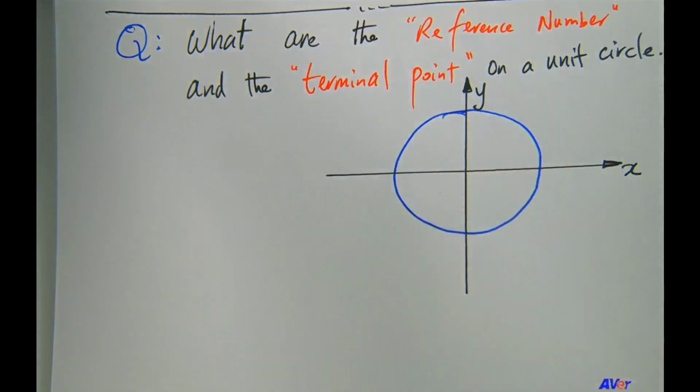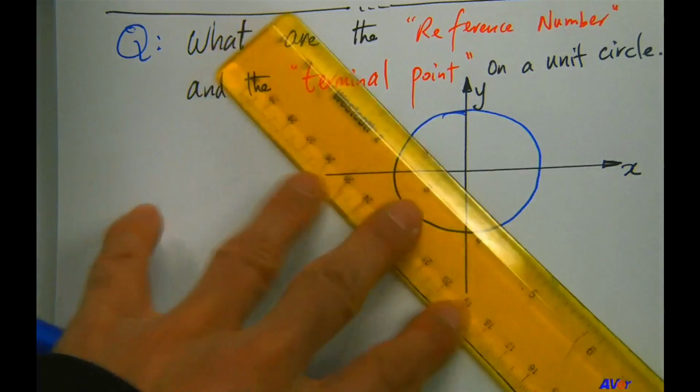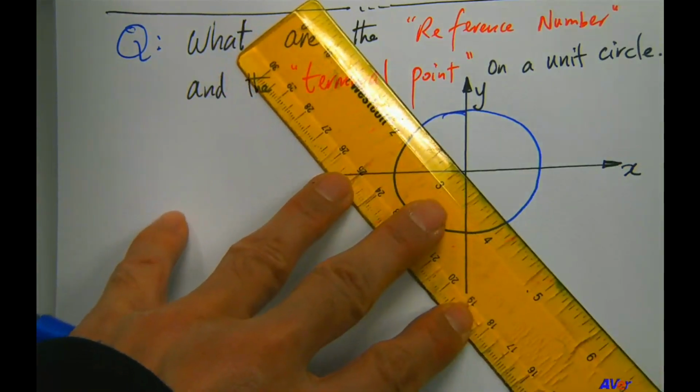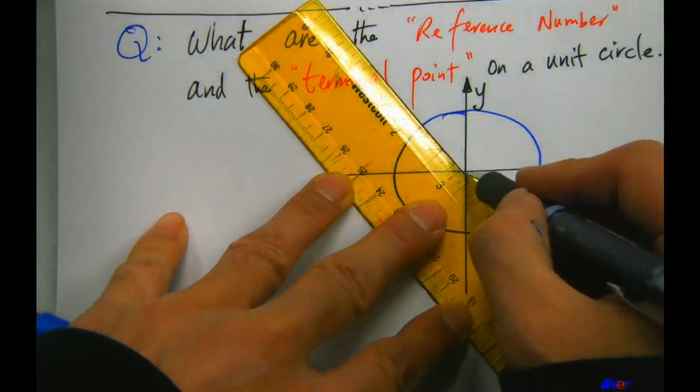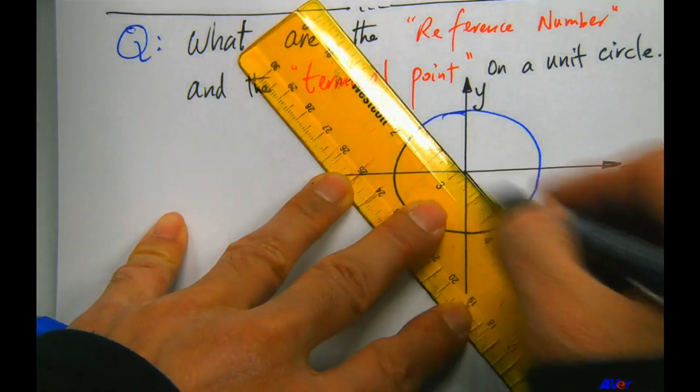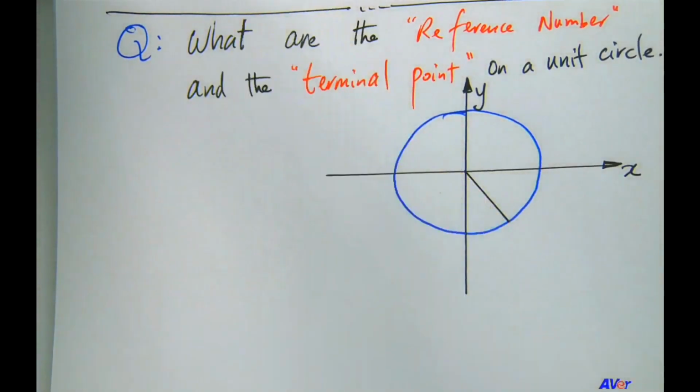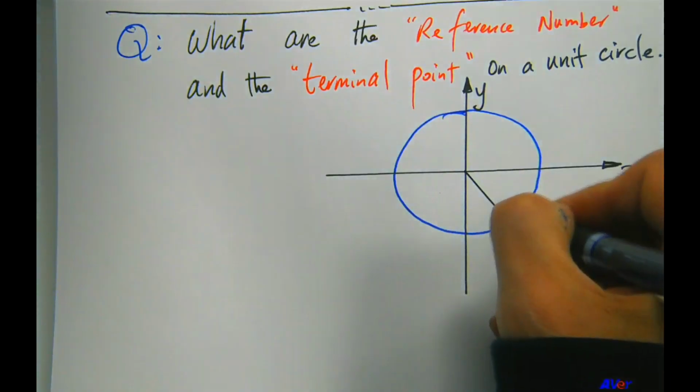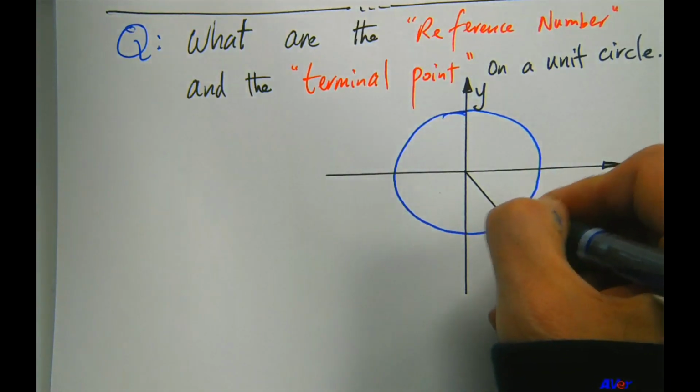Radius 1. And suppose we take one angle, let's say on this unit circle, with an end point on the circle right there, right?